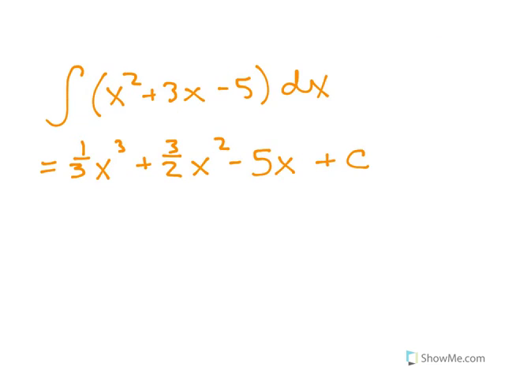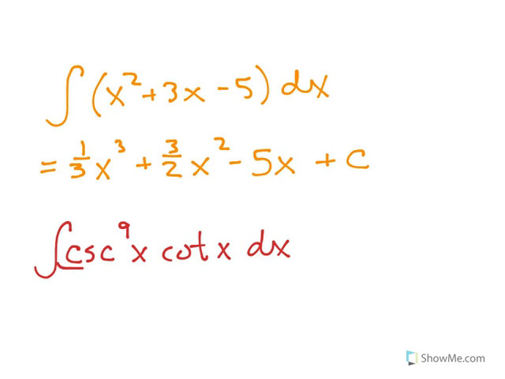And then my last problem, which I need some more room to work on, let's find a spot, we'll go right here, is the integral of cosecant to the 9th x times cotangent x dx. And this is one of the trickier ones they can give you. And I can see here's my composed function, cosecant to the 9th x. The derivative of cosecant equals negative cosecant x cotangent x.